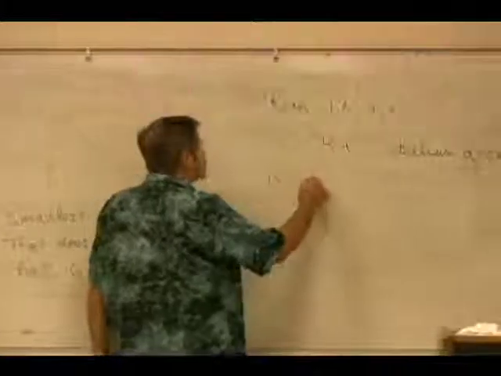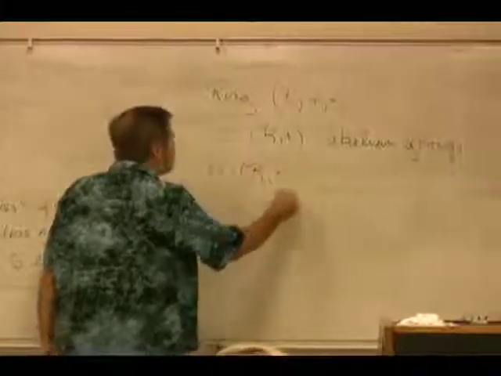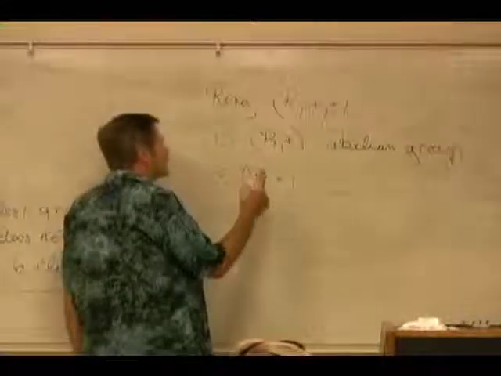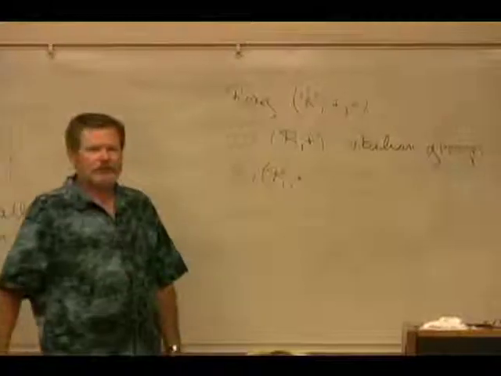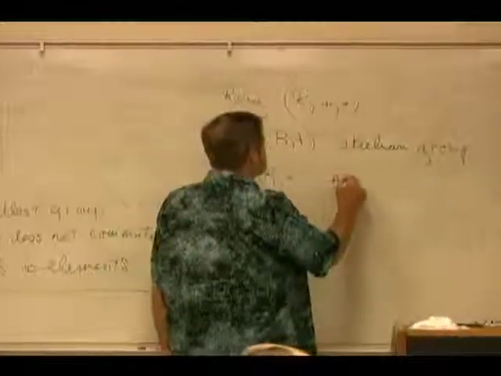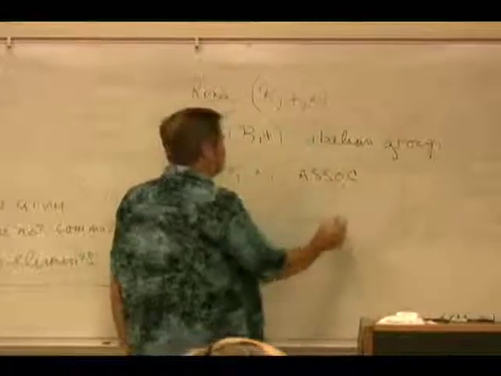Multiplication is only required to be associative. Always need associativity. So this is sort of maximal structure for plus, minimal structure for multiplication in order to have a ring. And so this is required to be associative, and that's all.